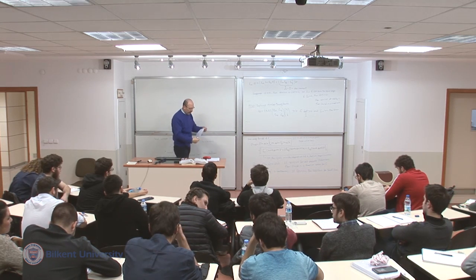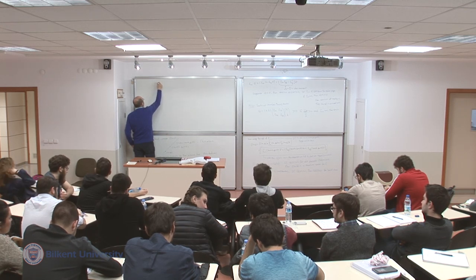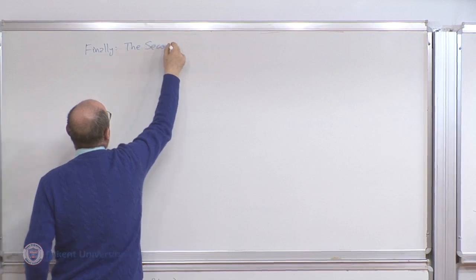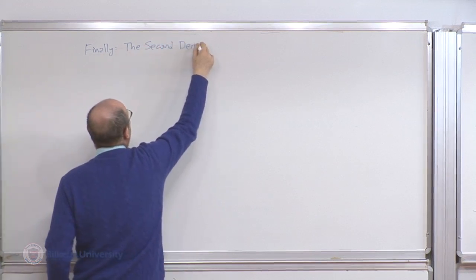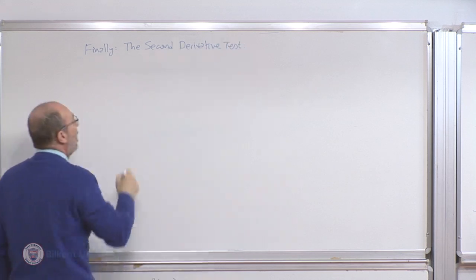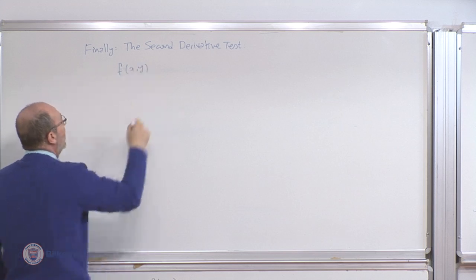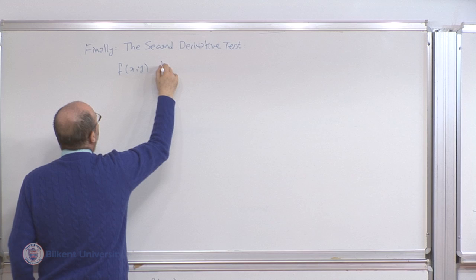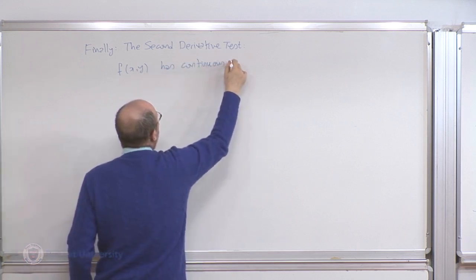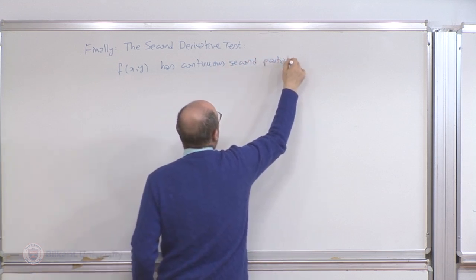So finally, the second derivative test. We have a function f of two variables having continuous second partial derivatives.